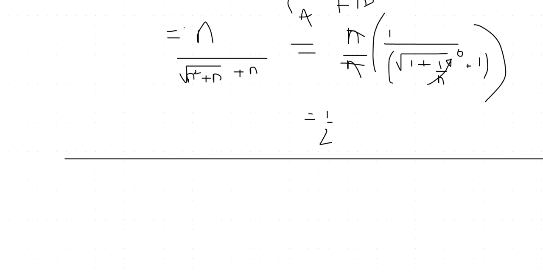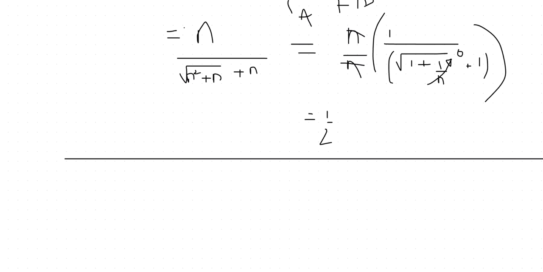Squaring both sides, 2 plus root 2 would be greater than 4. It is clearly false, because root 2 is less than 2.